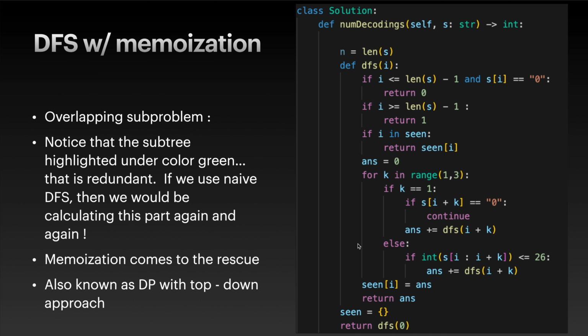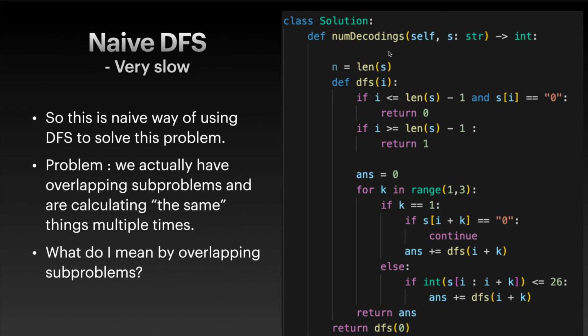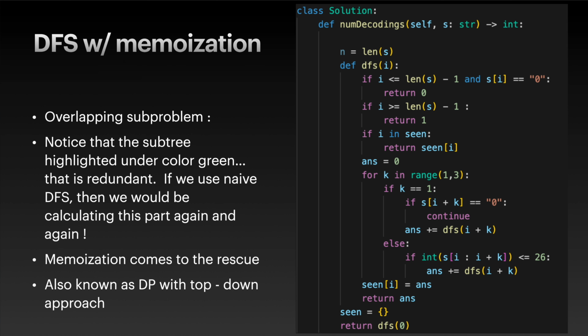Otherwise, we do exactly the same thing, and when we exit, we make sure to update our value in the dictionary, and then we return the answer. If you do this, it will be significantly faster than the naive depth first search approach.